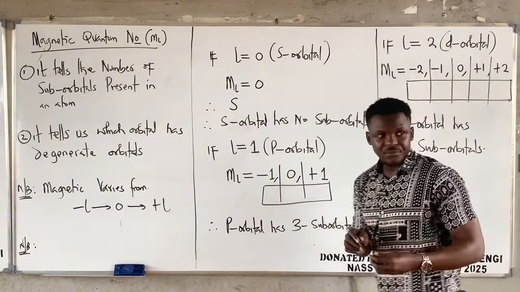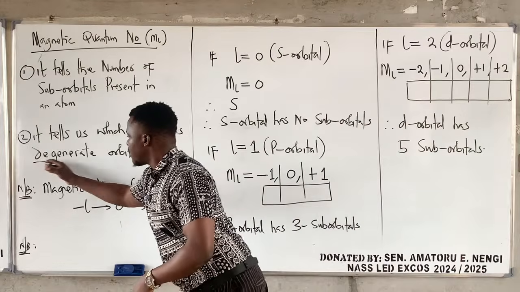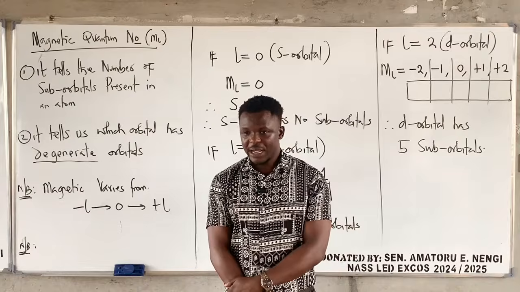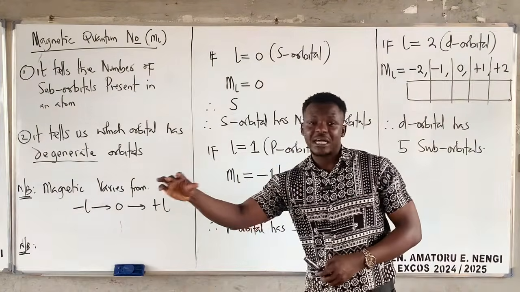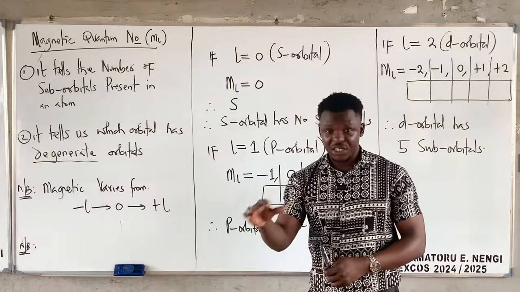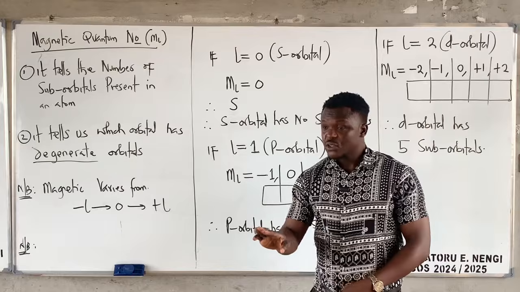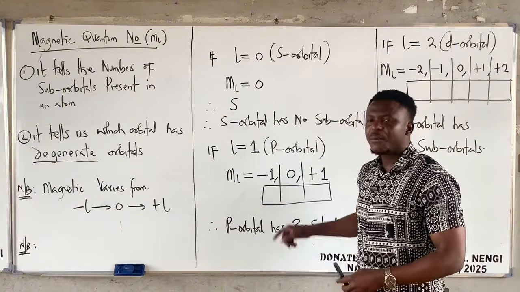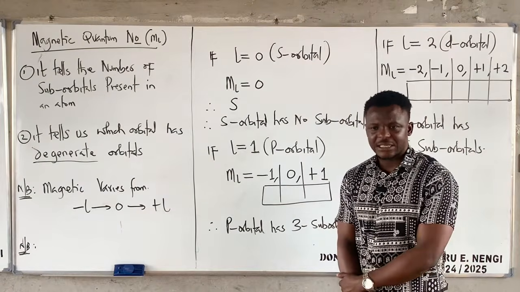Now listen, there's what we call degenerate orbitals. This word, degenerate, simply means something that has the same energy, right? Now, any orbital that has suborbitals is considered to be degenerate. S orbital does not have any suborbitals, right? So S is not degenerate. But P, if somebody should ask you how many degenerate orbitals are present in P orbital, what's the answer?